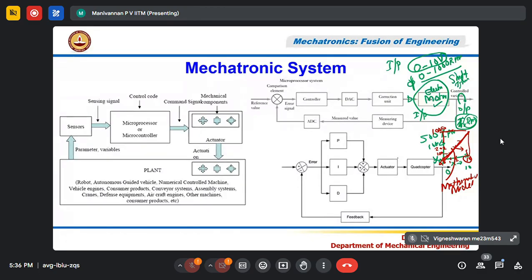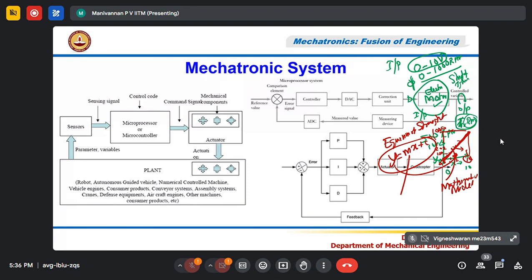From that I get the equation of a straight line, y equals mx plus c. This is the model of the system. If my motor follows a linear relationship, with 0 to 10 volts giving 0 to 1000 RPM along a straight line, I can use this as the mathematical model of my motor.